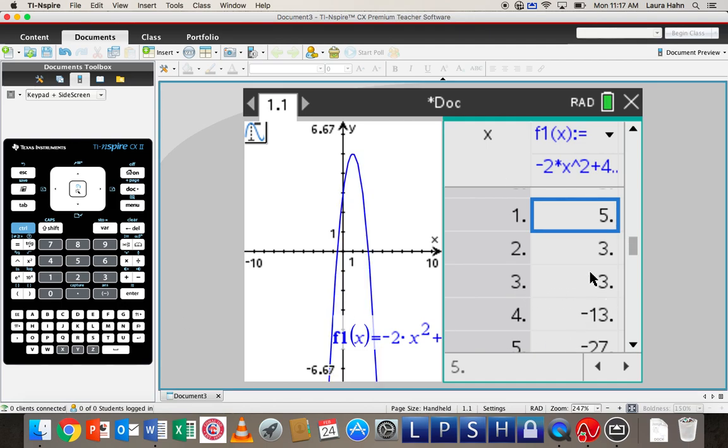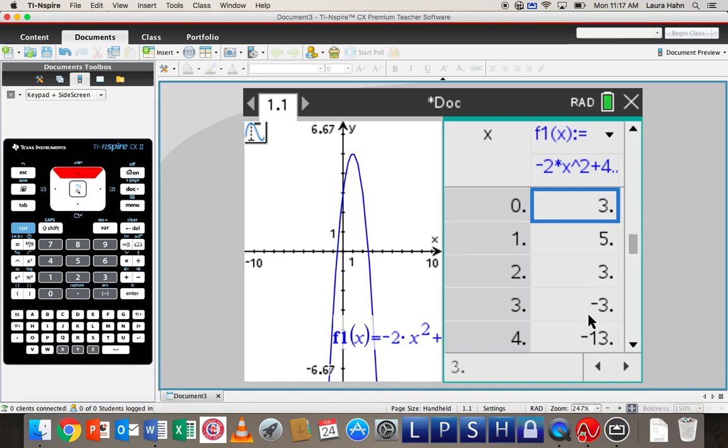Okay, so I see 1, 5, which we already have. So I'm going to write 2, 3. And 3, -3. I don't like -13 right here because that's getting too big. It won't fit on my graph, so I'm going to go the other way. 0, 3 we already have down, and then -1, -3. And that should be good.